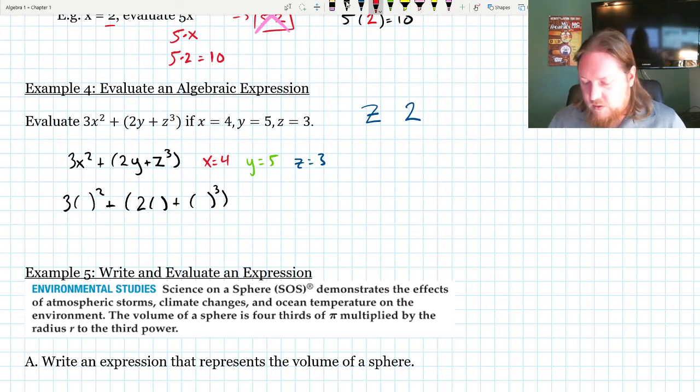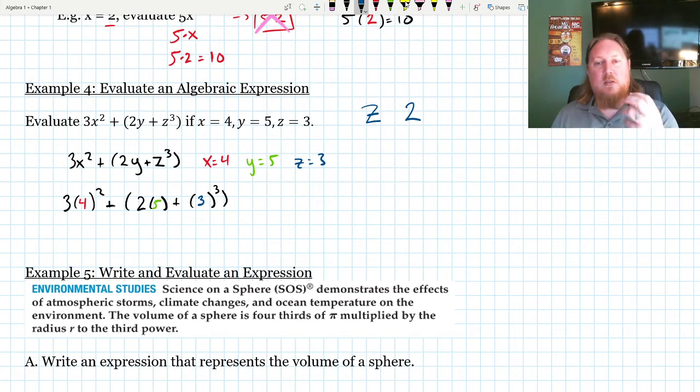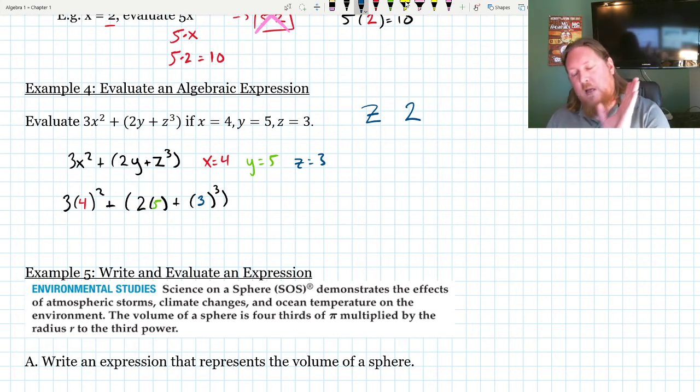Here I have 3x squared, so I should have 3 times 4 squared. 2 times y, and y is 5, so I should have 2 times 5. And in blue, z cubed, z is 3, so I should have 3 cubed. So that's the idea of color coding it, to really make sure it's clear which numbers go in which space, because sometimes you'll have multiple of the same variables, and you've got to keep track of that somehow.